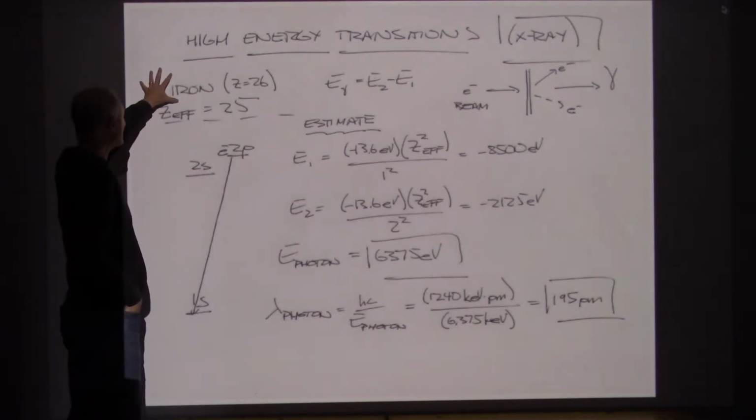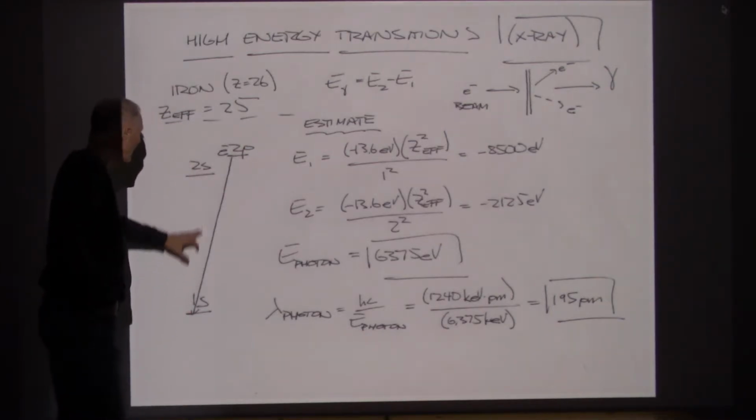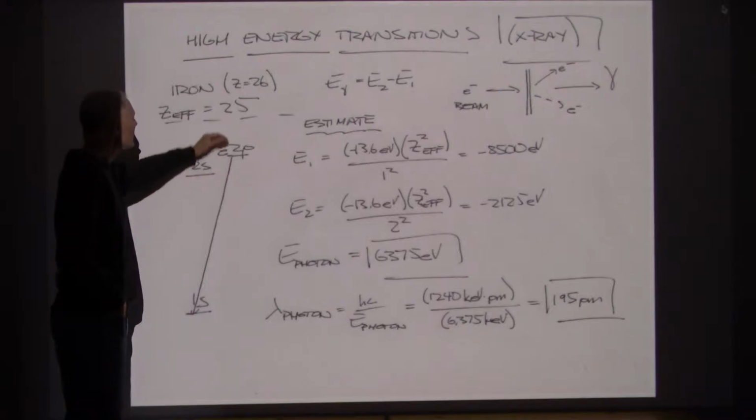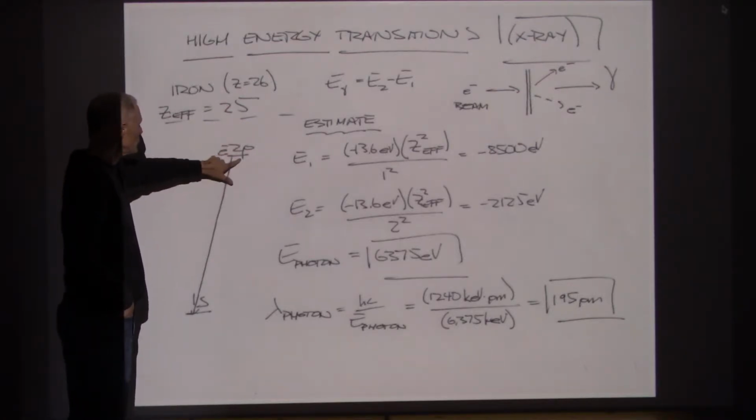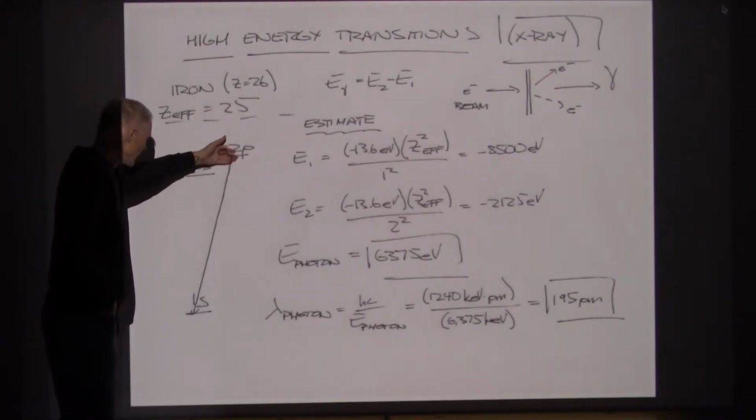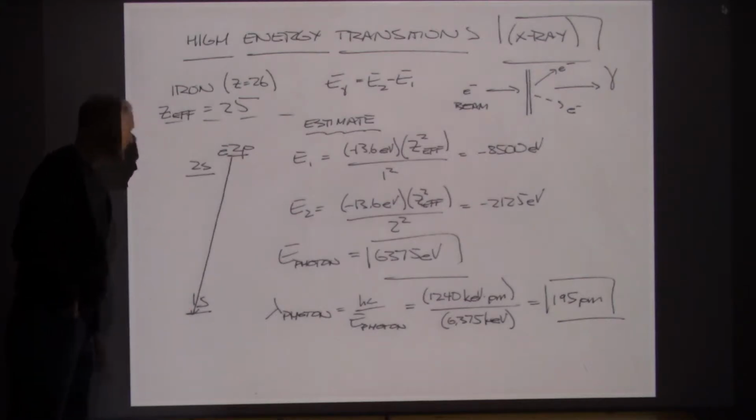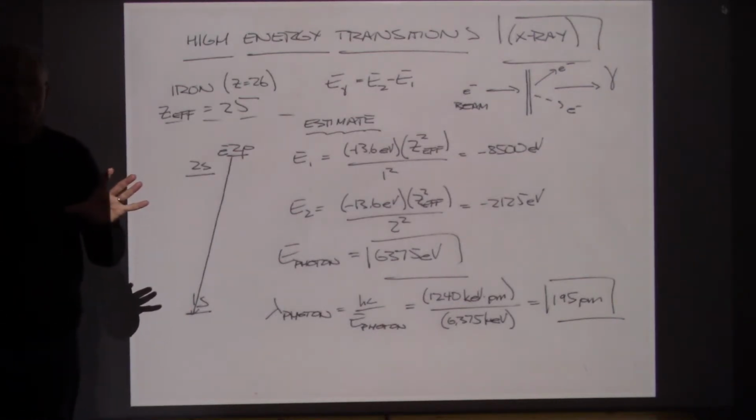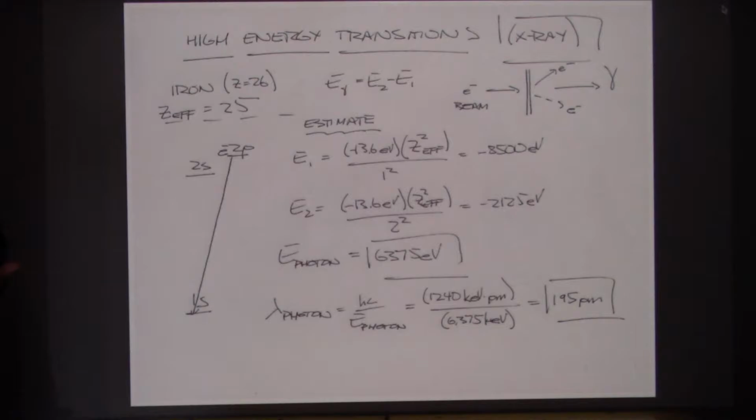Iron, for example. Let's say here's the 1s state in iron. Here's a 2s. Here's a 2p. Let's say that we have an electron in a 2p state in iron, and it drops into the 1s state. That's going to release a photon. That's going to create a photon with whatever the energy differences are. What would the energy differences be?